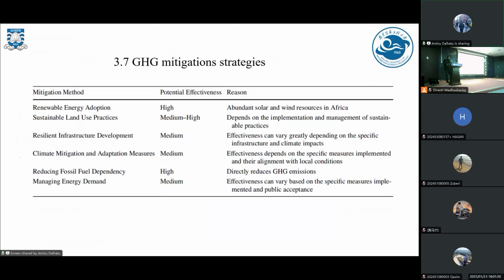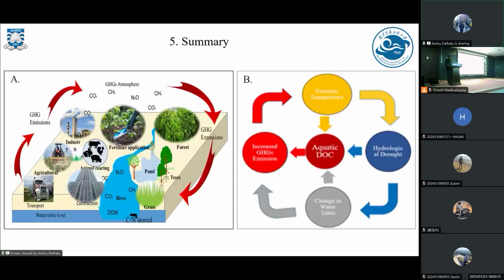In about 62 papers, they included methods to decrease climate change or to decrease carbon dioxide emission. They also give a value for which one is more important than the other: high, medium, and high. So we can also include this in this study.